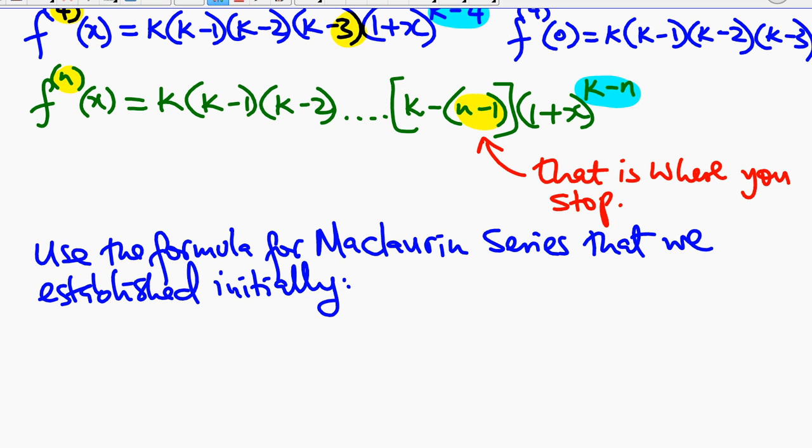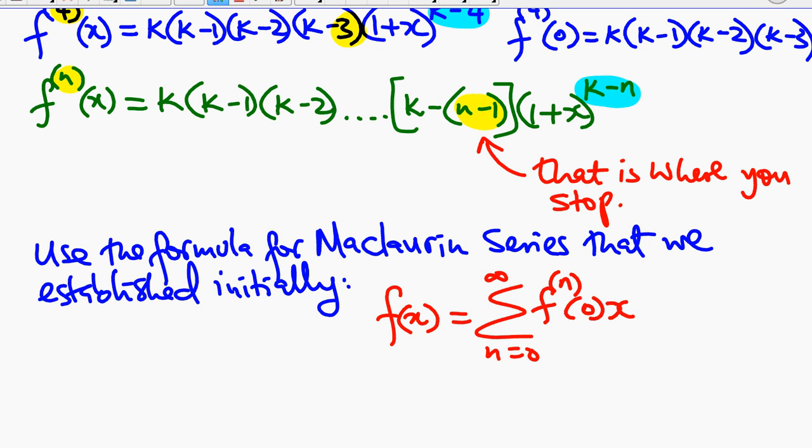When I introduced the Taylor and Maclaurin series, we derived this formula, where f of x is equal to the sum from n equals 0 of f^(n)(0) x to the power n over n factorial.